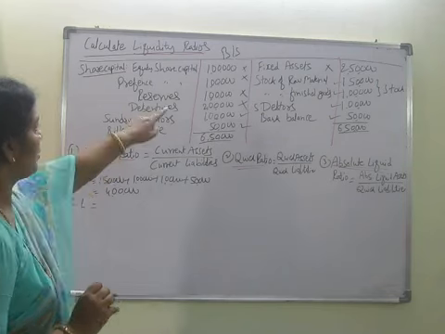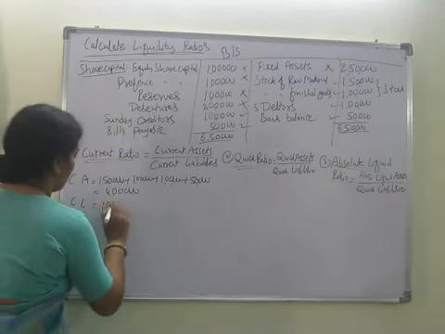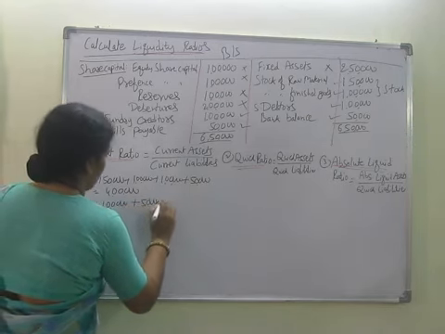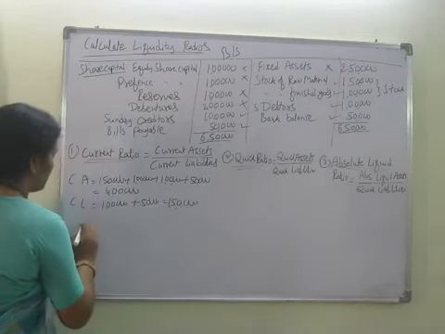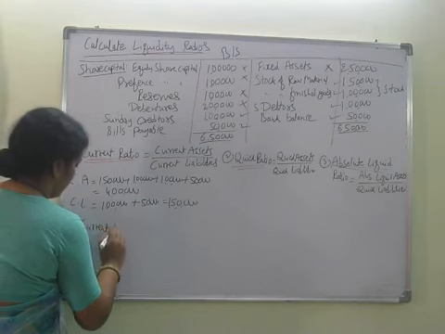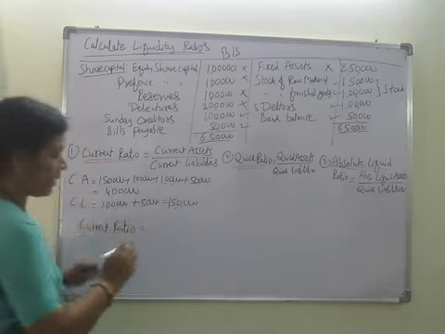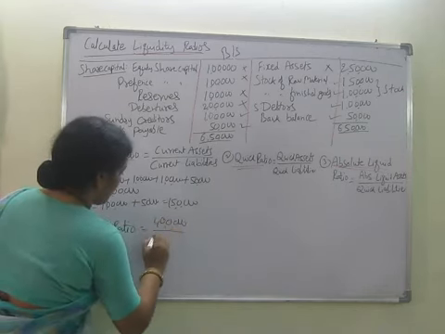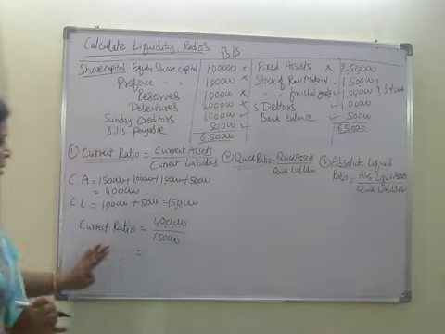Current liabilities are here 1 lakh plus 50,000, 1,50,000. So let's put it in the formula. Current ratio is equal to current assets 4 lakh by current liabilities 1,50,000. We'll do the calculation later.